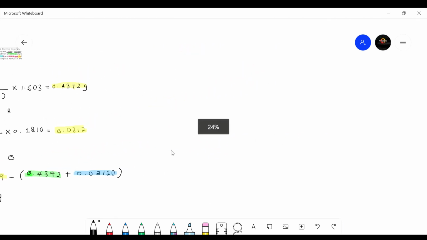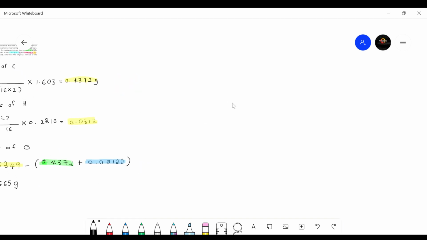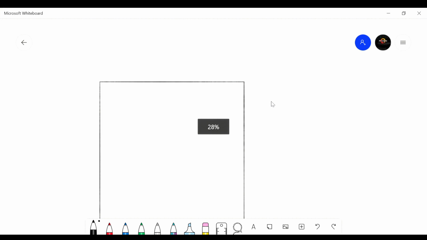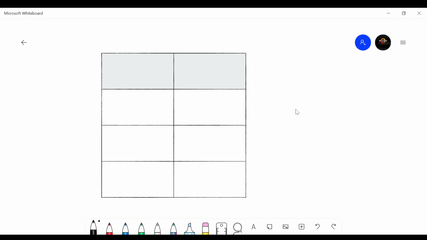Now we need to transfer all of the masses, the mass of carbon, hydrogen, and oxygen, into our Mamora table. Let me draw a table first. Now we have carbon, hydrogen, and oxygen.